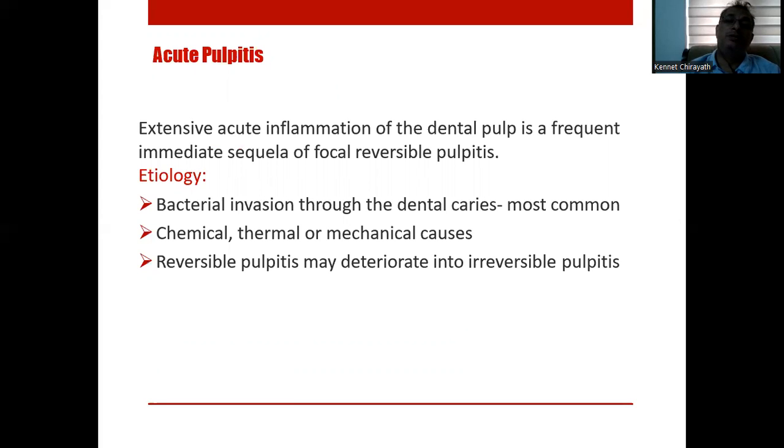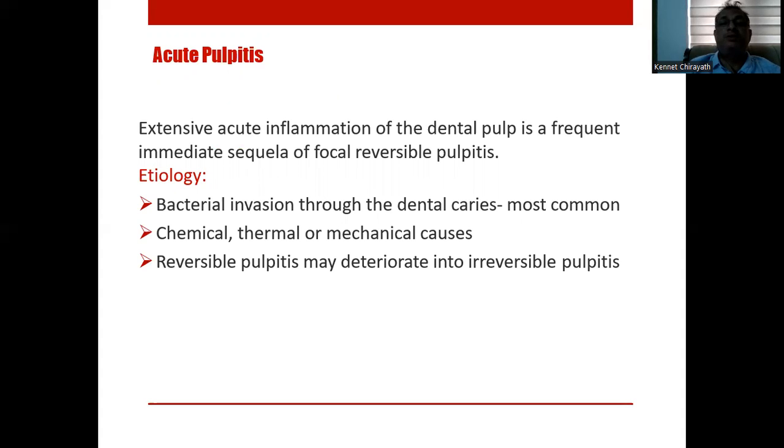If proper treatment is not given for reversible pulpitis, it may result in acute pulpitis. So acute pulpitis, otherwise known as irreversible pulpitis, is an extensive acute inflammation of the dental pulp.